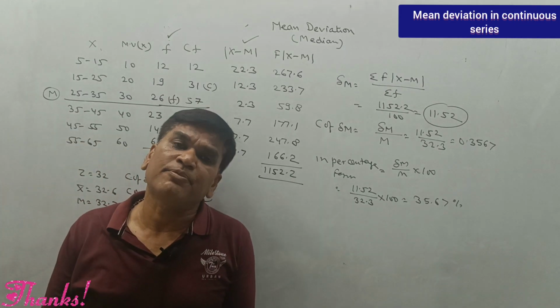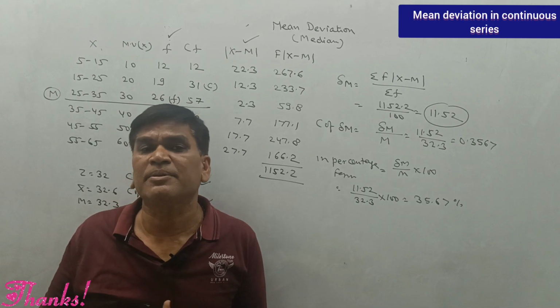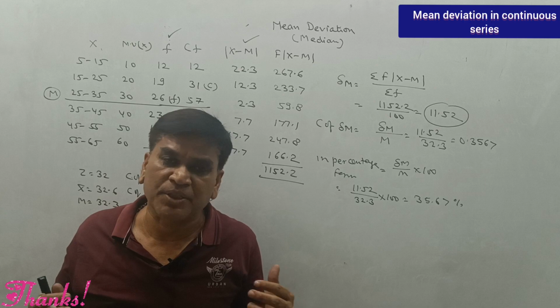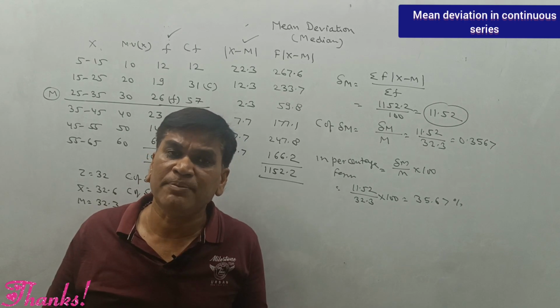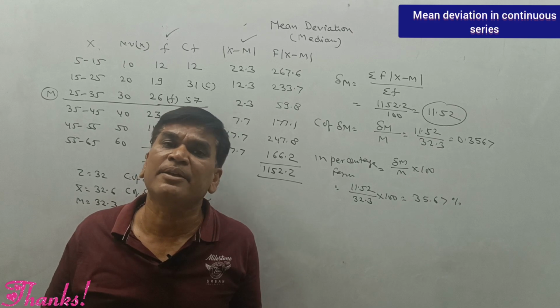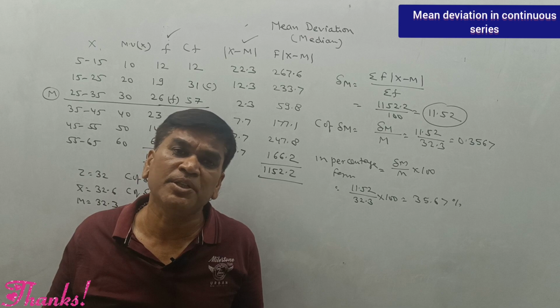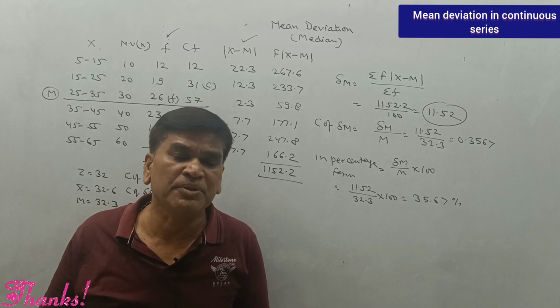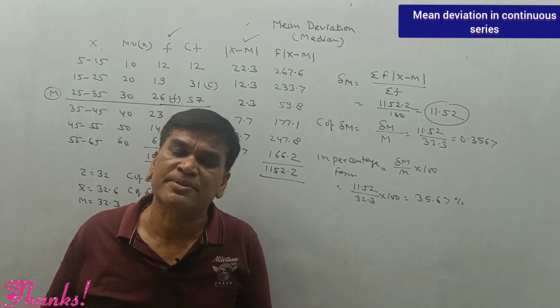So I think with the help of this video, you may learn how to calculate mean deviation in case of continuous series. We can calculate mean deviation with the help of the mode, the median and the arithmetic mean also. So I think this video will be very beneficial for you to learn how to calculate mean deviation in the case of the continuous series.